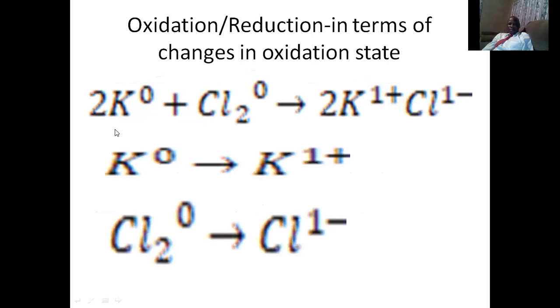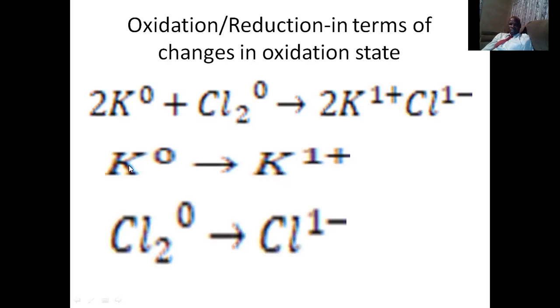For example, if an element has not reacted with another substance, it means that the oxidation state is 0. When it has lost an electron, its oxidation state would be indicated by how many electrons that element or that substance has lost.